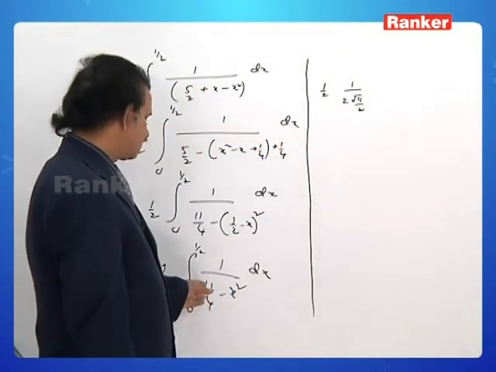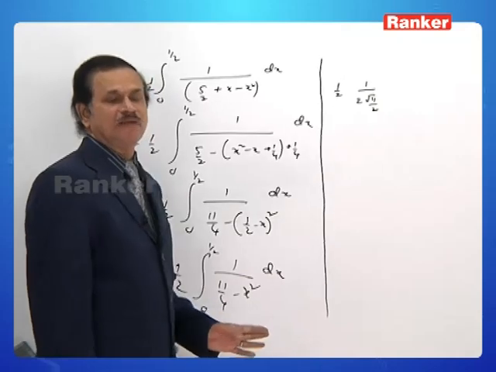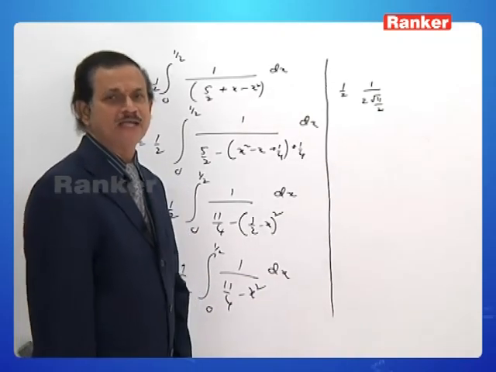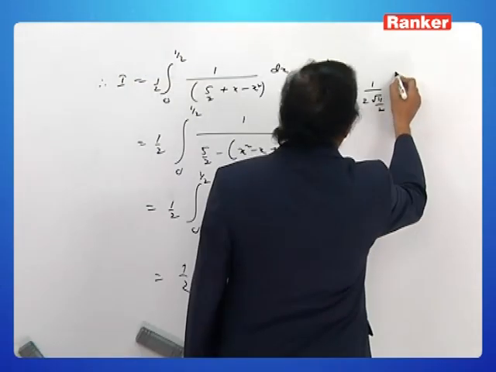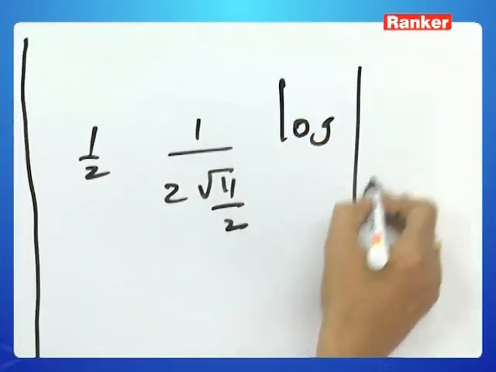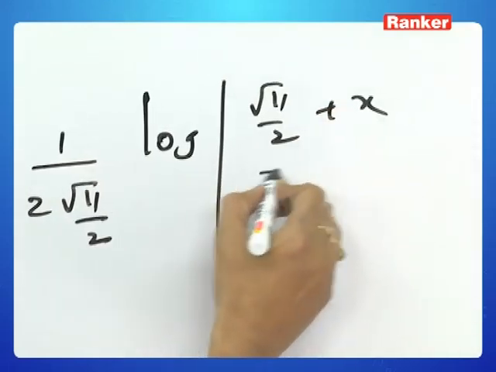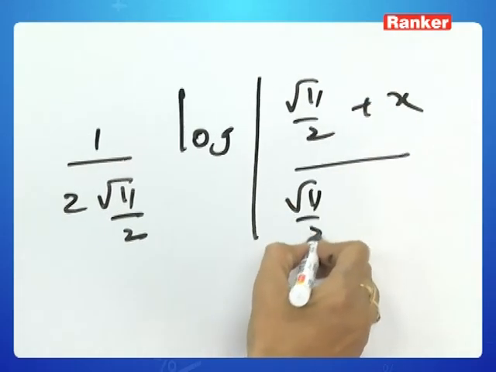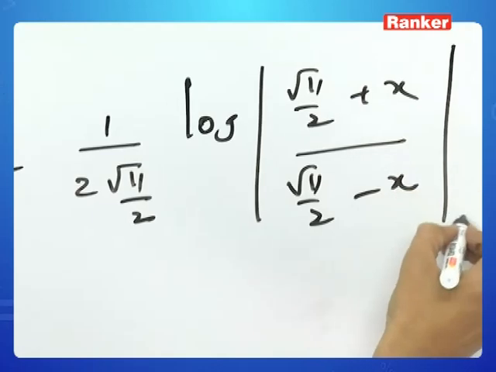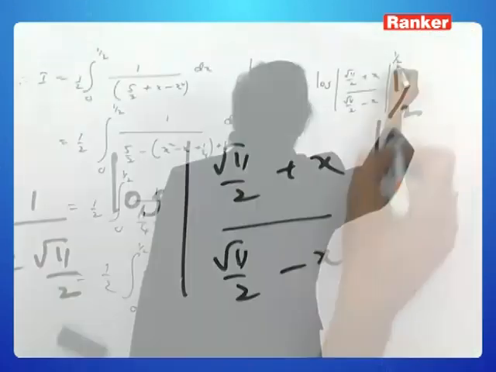In the place of a square, we have 11 by 4. So in the place of a, we should have root 11 by 2 log mod root 11 by 2 plus x by root 11 by 2 minus x between the limits 0 to half.